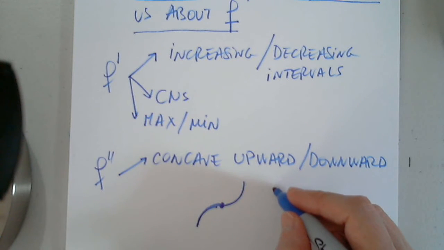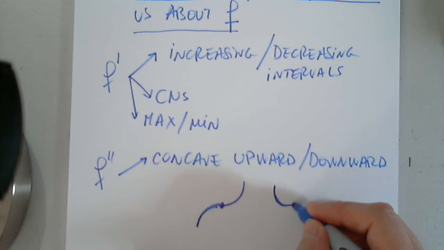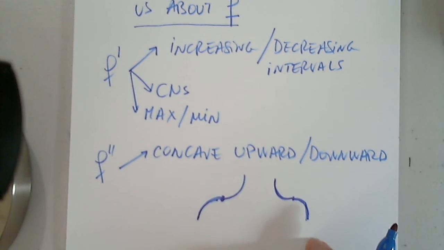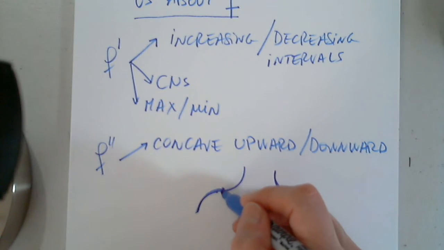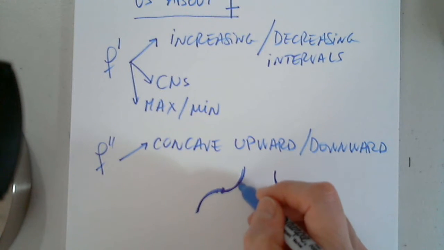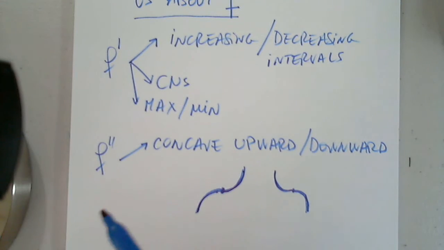Or it can be concave upward, and at this point it changes concavity. It becomes concave downward. So this is concave downward. We say it doesn't hold water if you want. And here it holds water, concave upward. So it will give us the intervals where the function is concave upward or downward.